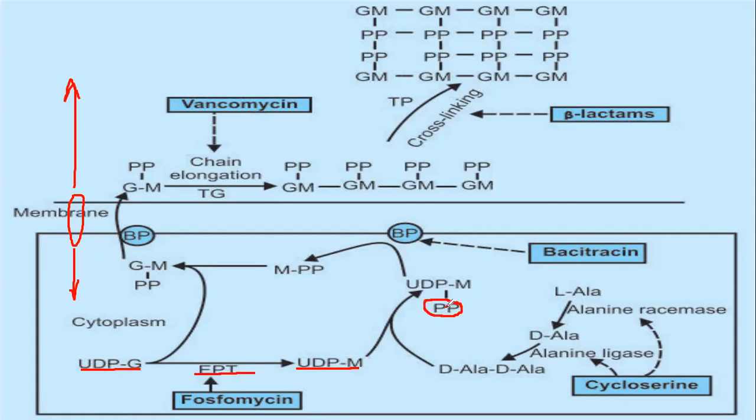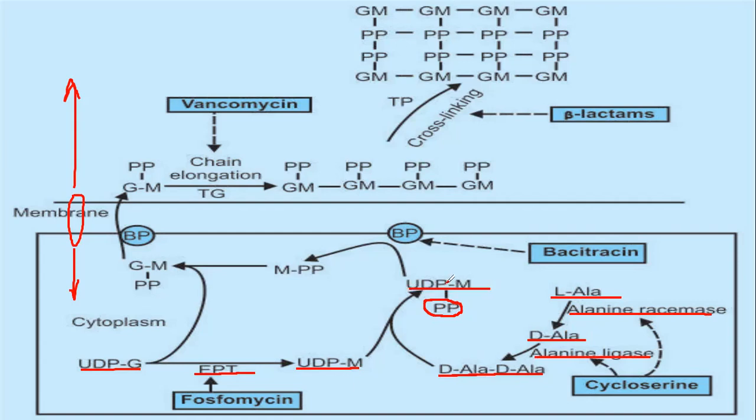That pentapeptide unit contains D-alanine. D-alanine is synthesized from L-alanine in a reaction catalyzed by alanine racemase. Then the D-alanines, once formed, are ligated by the enzyme D-alanine ligase. Once that is done, the pentapeptide subunit is added to the UDP N-acetylmuramic acid.